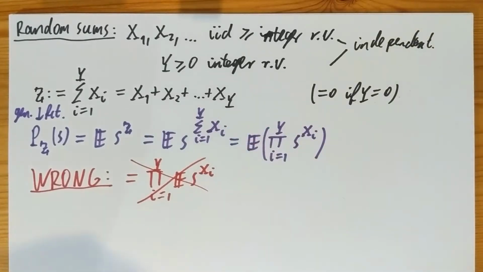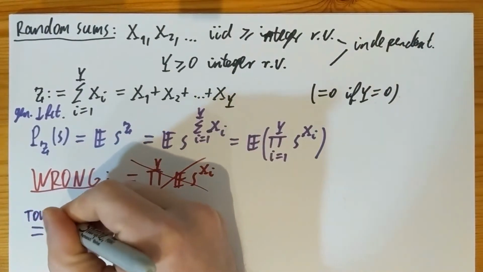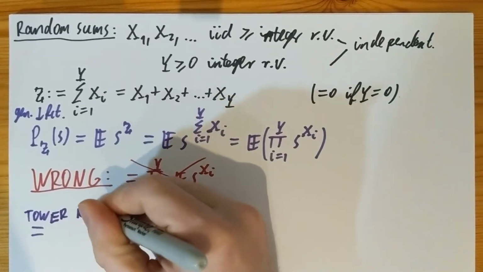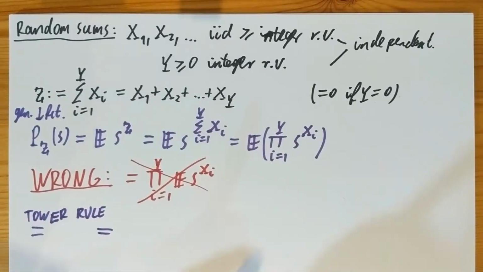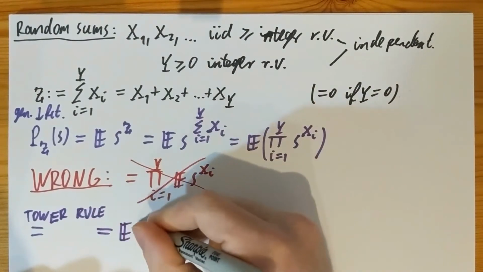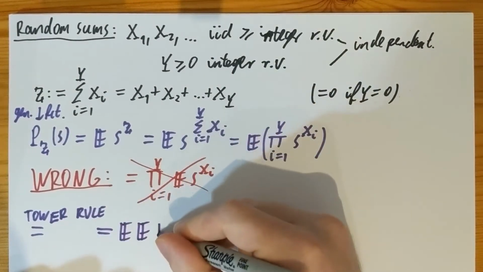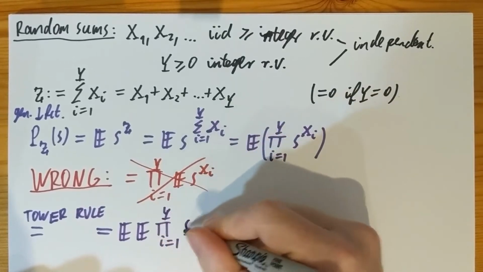We cannot do that. But there is something we can do, and that's the tower rule. So let's use the tower rule by conditioning with respect to Y. Whenever you see a random sum or random product, it's always a good idea to condition on the number of variables we have.